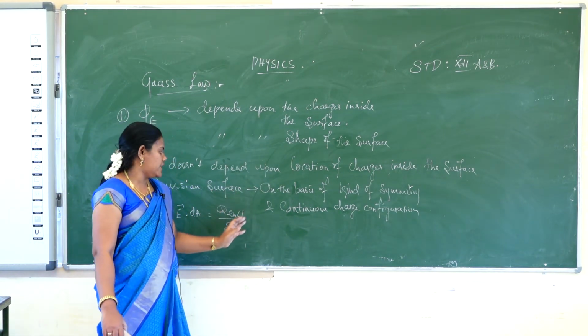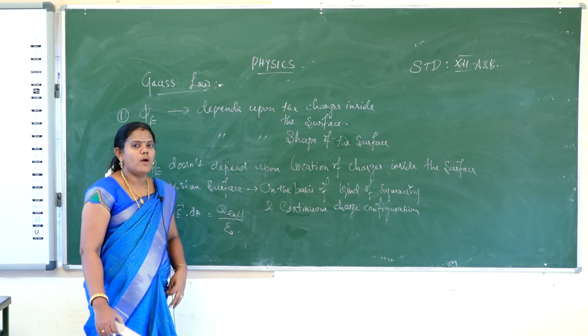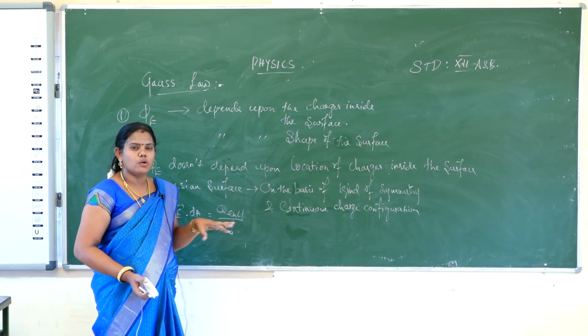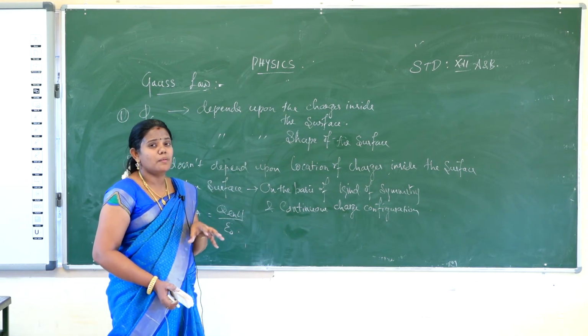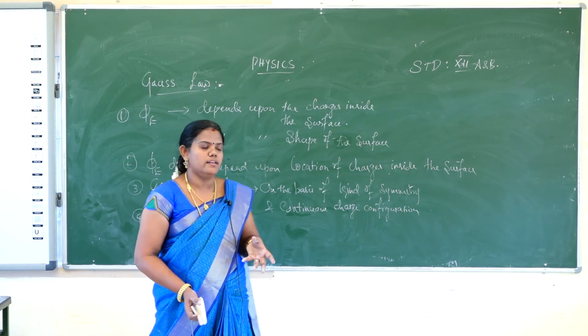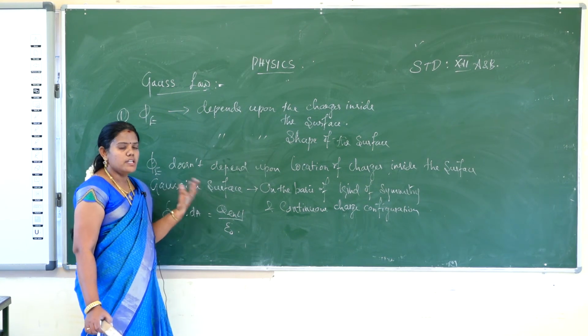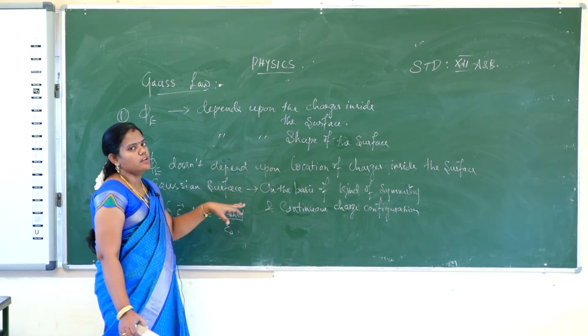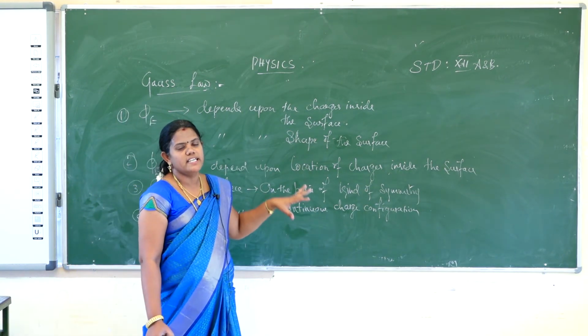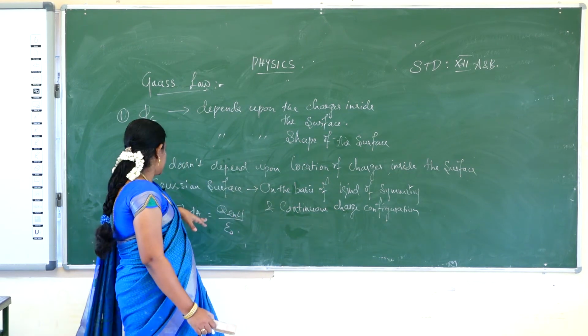But on the right-hand side, Q enclosed considers only the charges lying inside the surface. That is the fourth point.